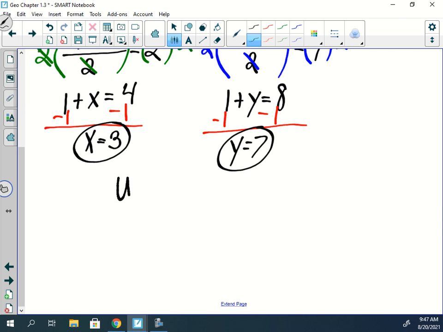So the other endpoint, well, we wouldn't use an equal sign. It would just be 3, 7.